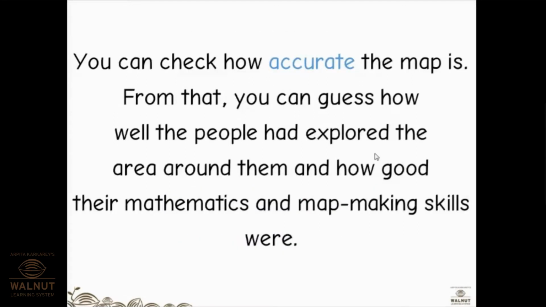Let us see that. You can check how accurate the map is. From that, you can guess how well the people had explored the area around them and how good their mathematics and map making skills were.